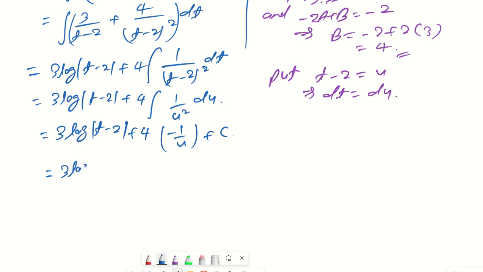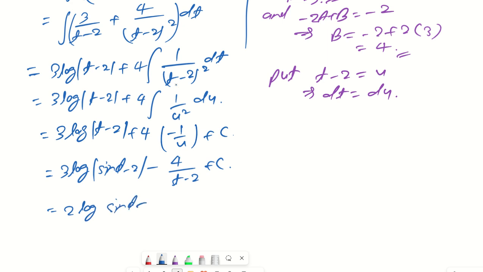So 3 log of t, that is sin phi minus 2, plus, or I'll just write it down, minus 4 by u is nothing but t minus 2 plus c, and t is again sine phi, so I'll write it down 3 log of sine phi minus 2 minus 4 by sine phi minus 2 plus c. So this is going to be the final answer for our question.